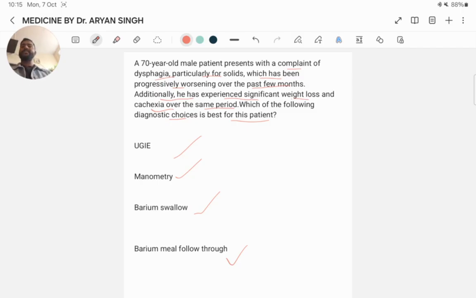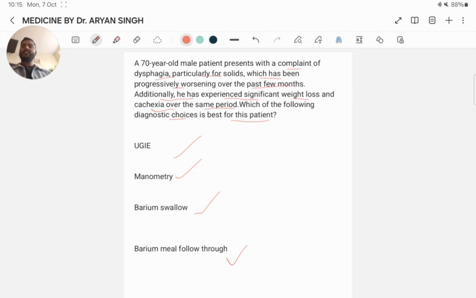We can visualize and identify the tumors and also obtain a tissue biopsy to confirm the diagnosis. During the endoscopy, inspection of the larynx, trachea, and bronchi is conducted, as the population at risk has a high chance of carcinoma of the lung, head and neck region.